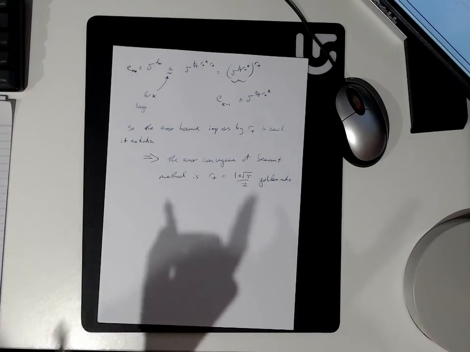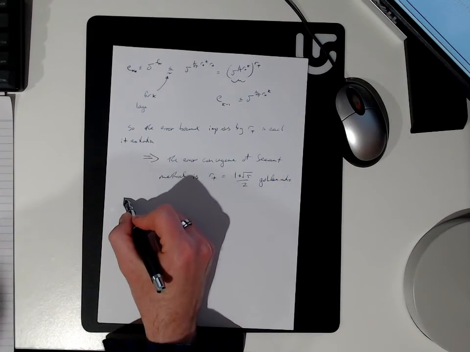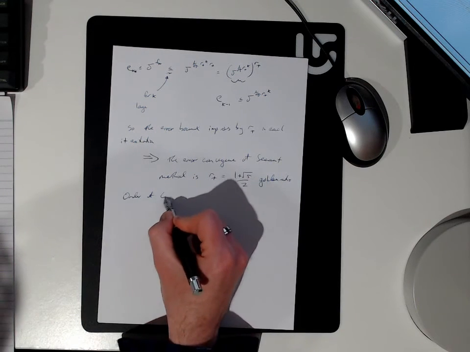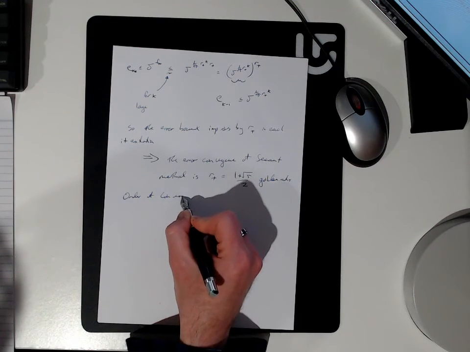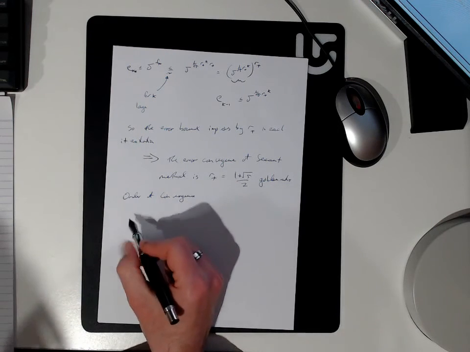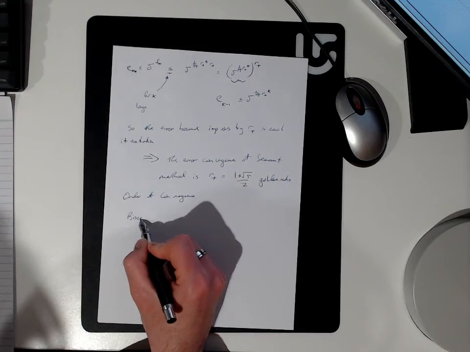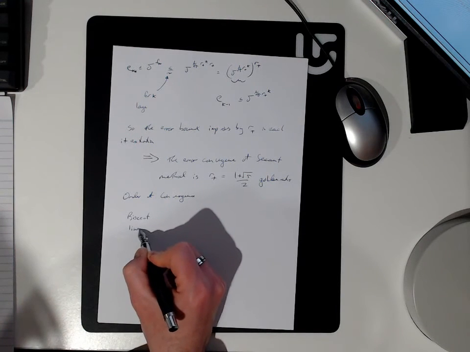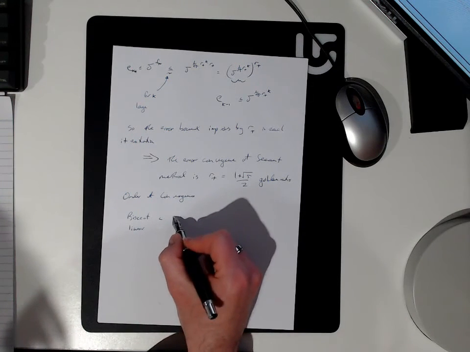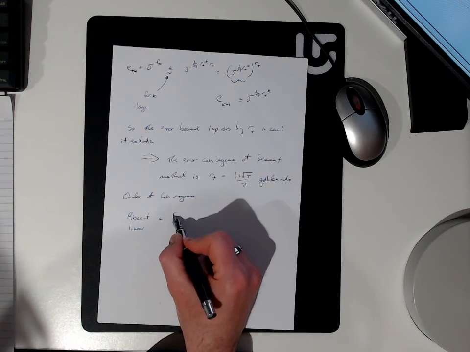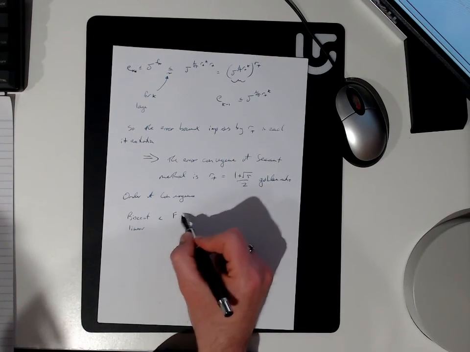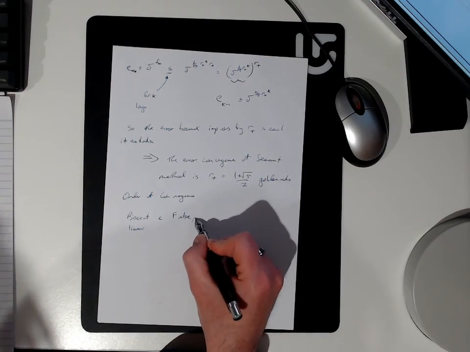Right, so now, talking about orders of convergence. Generally, bisection is linear, and that is going to be generally slower than, except for pathological examples, false position.